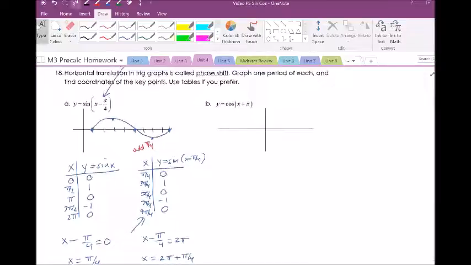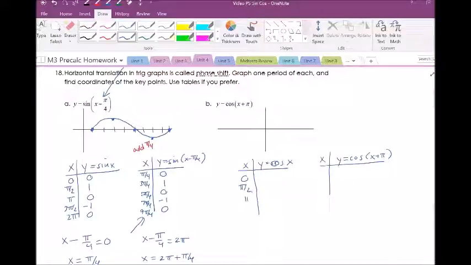So doing the same thing for y equals cosine of x plus pi, if I use the table method, then here's a table for y equals cosine x.